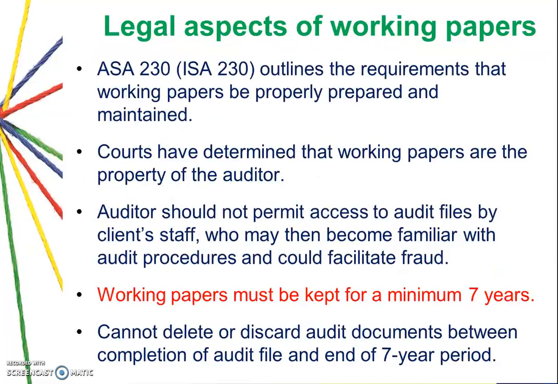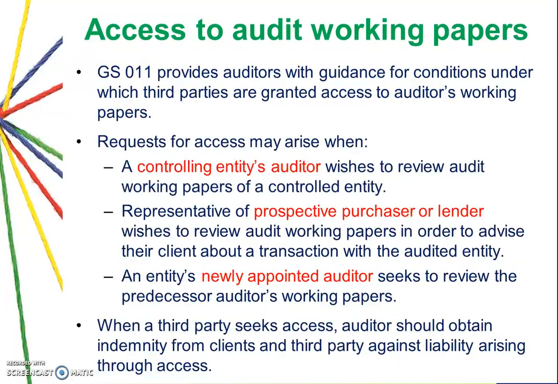Now, the legal aspect. Auditing standard ASA 330 requires working papers to be kept for a minimum of 7 years, and during these 7 years you cannot delete, discard, or replace the audit documents. Who can access audit working papers? There are 3 parties. Number 1, a controlling entity's auditor.